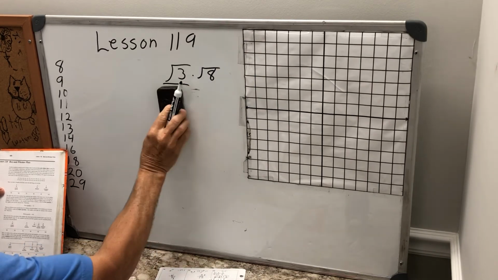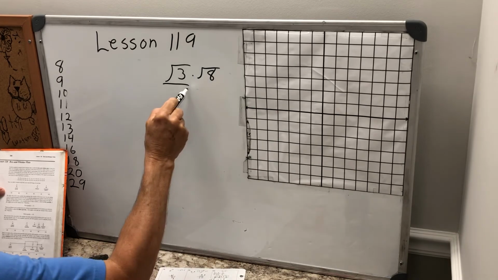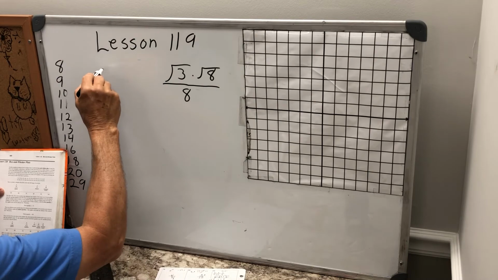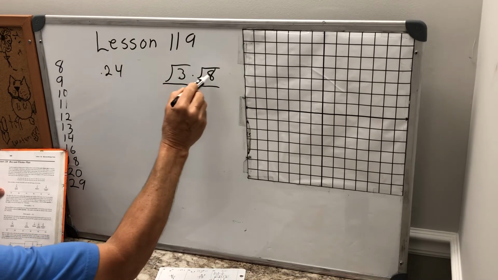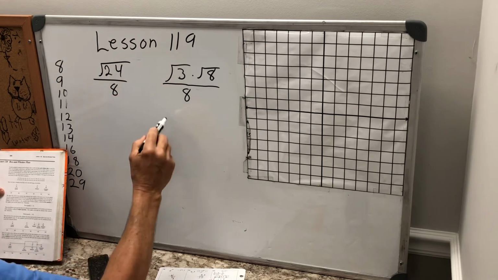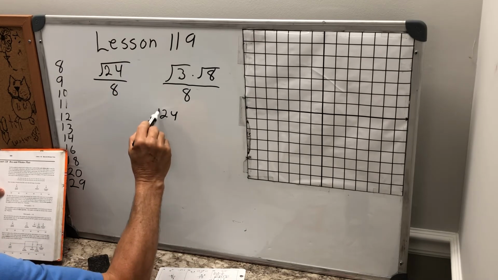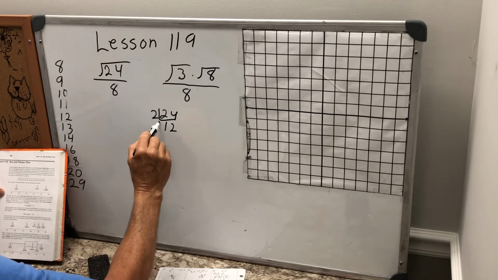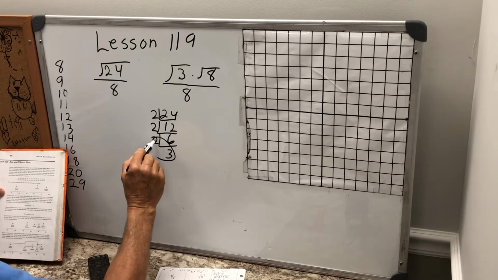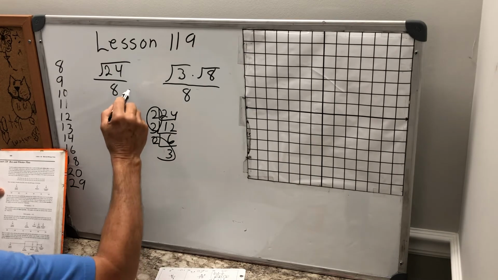That brings us to simplifying this to just an 8. And this is going to be the square root of 24. 3 times 8 is square root of 24 over 8. Can we simplify 24? I think so. 24, 2, 12, 2, 6, 2, 3.